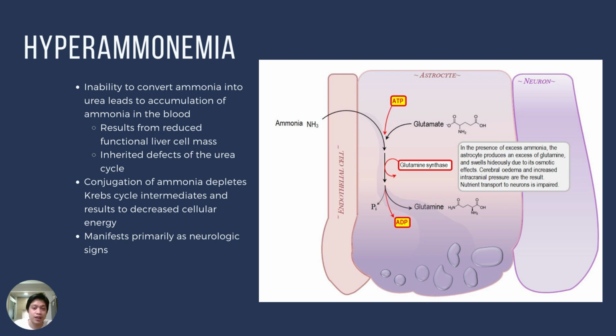And how does that manifest? The patient will have lower levels of sensorium or altered sensorium. That patient can be irritable. That patient can be confused. The patient can be in a state of coma. There will also be altered reflexes such as asterixis.